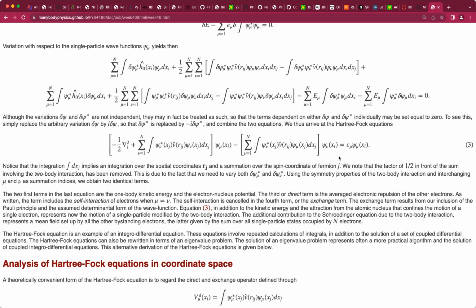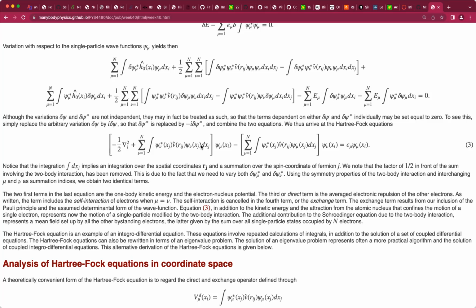And this is the new equation of motion which we have to solve. When you multiply with the psi mu complex conjugate on the bra side and integrate, you have to evaluate these integrals in order to get the energy. This can be time consuming because you may need many integration points to get an answer which converges.